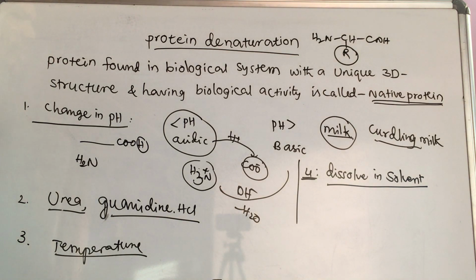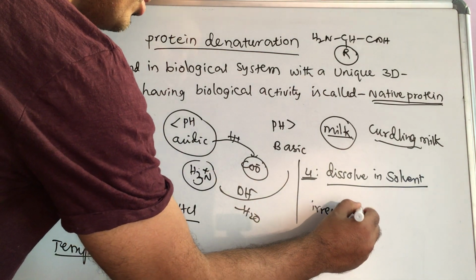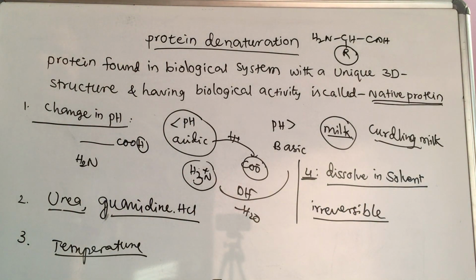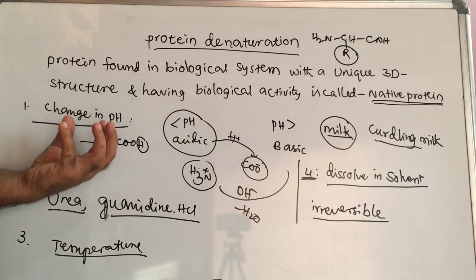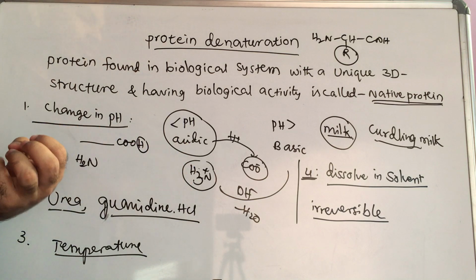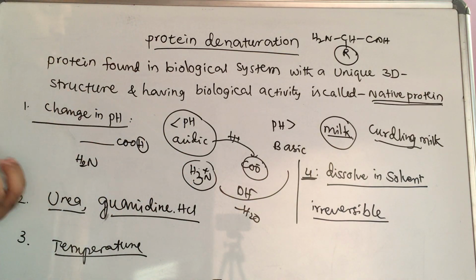Generally, denaturation of most proteins is irreversible. Irreversible means we cannot regain the original. Already we know that a boiled egg, on boiling, is converted to a rubbery mass solid. Again on cooling, we cannot get the unboiled egg back.